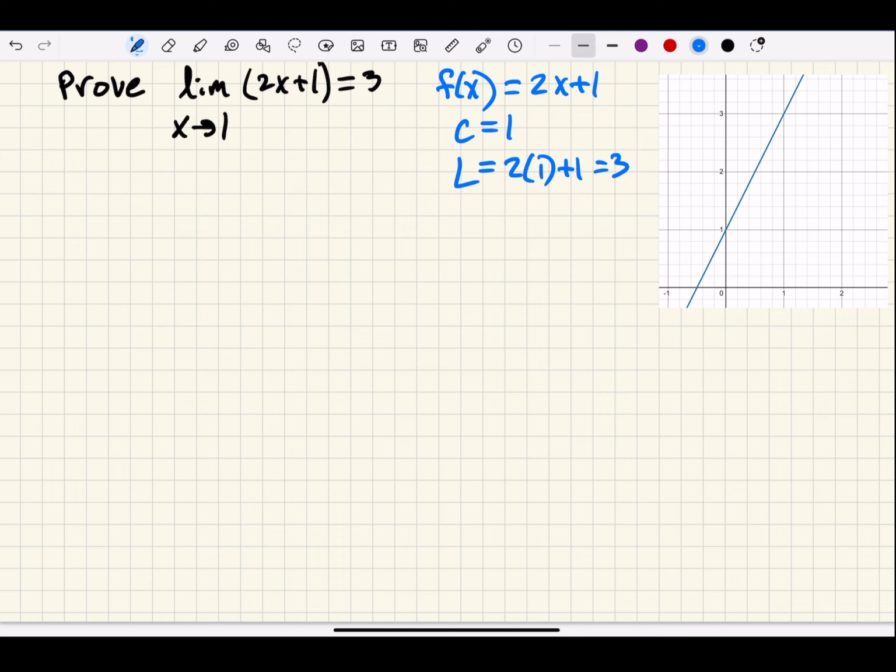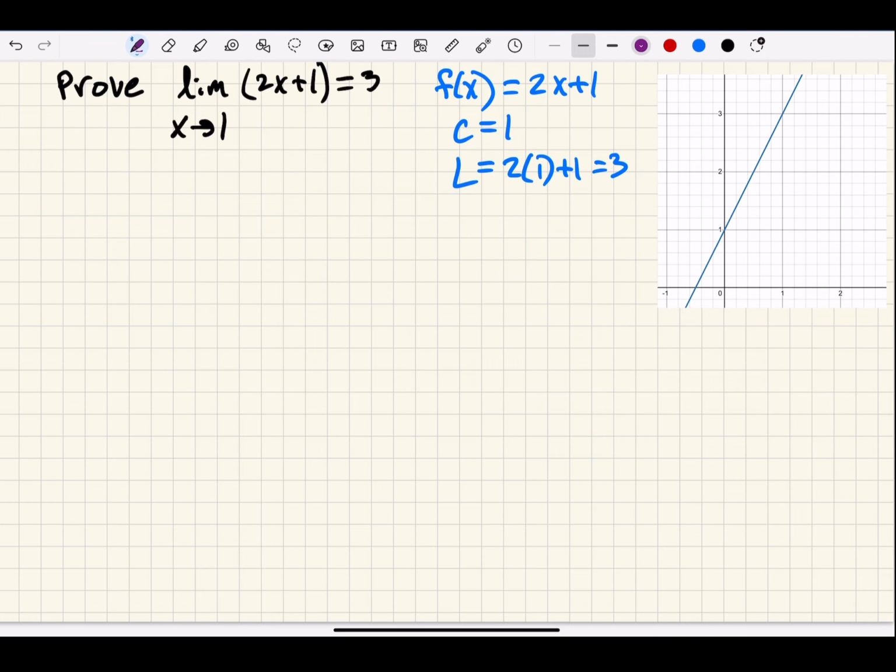So let's look at what's happening on the graph. Let's put an interval around 3 on the y-axis, and then let's project to the graph, and then project down to the x-axis. So now we have an interval around 1 on the x-axis.